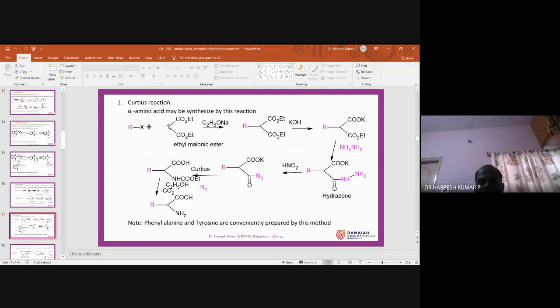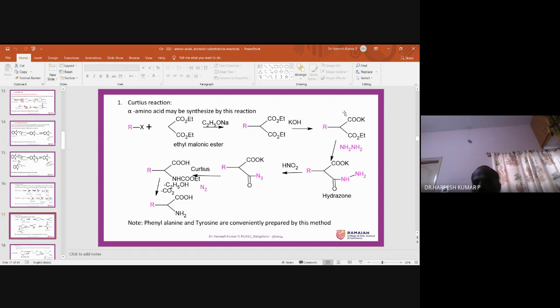There will be an anion formation. That anion reacts with R, and X is going out. So a compound is obtained. It's a kind of nucleophilic substitution reaction. So this on hydrolysis, here an ester is there, no? Ester is converted into acid. And here, if you are taking one equivalent, then it is possible to hydrolyze only one ester group.